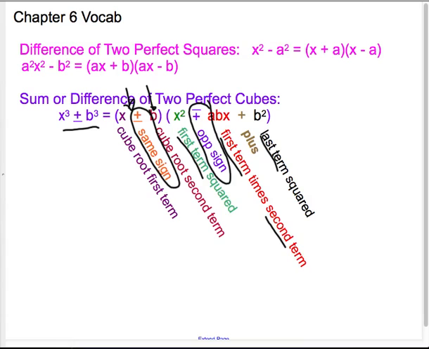And actually that a shouldn't be there. I modified this a little bit. So this would just be the first term times the second term. This is always plus regardless of the sign you started with, because we're adding b squared. Once you square a negative, it becomes positive. So that last symbol is always a plus sign. And I will erase this in case you didn't get all of that down and you want to be able to read it.